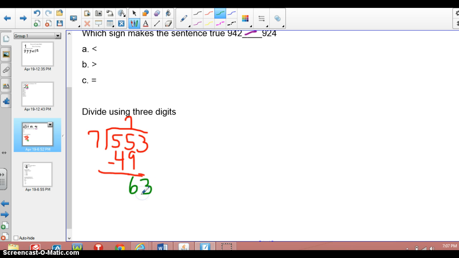And then 7 goes into 63 9 times, which gives us 63. And then when we work that out, what do we get? We get 0. So now we know that 7 divided into 553 goes into it 79 times.